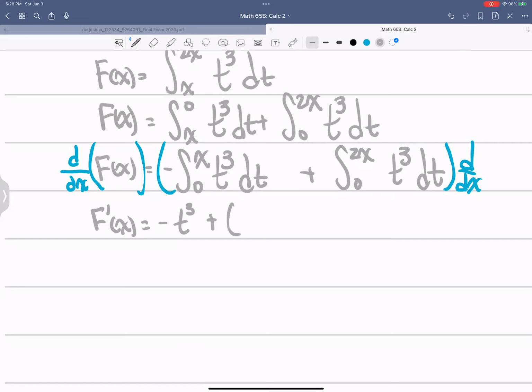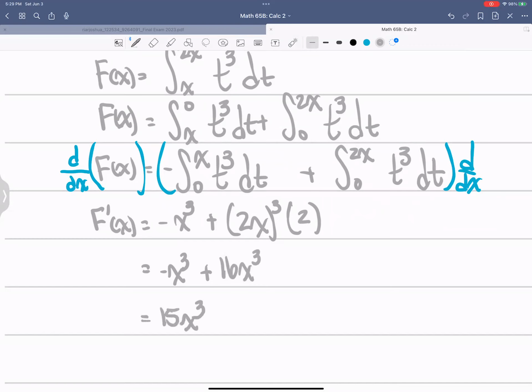All right, so we're looking at 2x cubed, and this isn't t, this should be x. 2x cubed times the derivative of 2x, which is 2. There we go. So now we have negative x cubed plus 16x cubed gives us 15x cubed. And there we go, f prime of x.